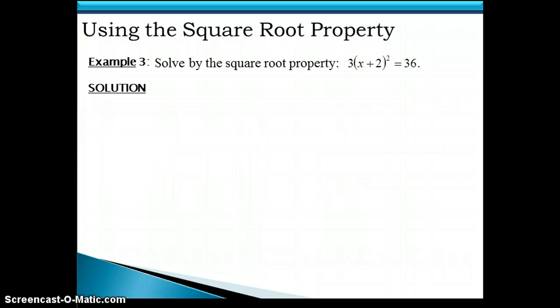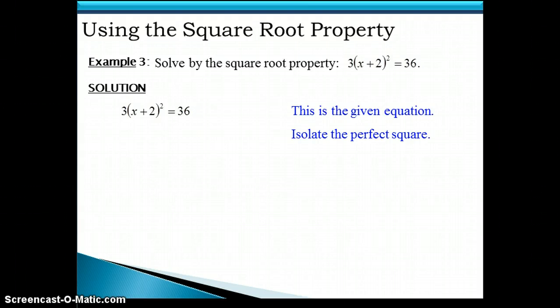Now here's another example that's a little bit more complicated, but we still can use the square root property to solve this because we have a perfect square involving x that we can isolate, and we'll only have a number on the other side. So here's our given equation. We first want to isolate the perfect square involving x.